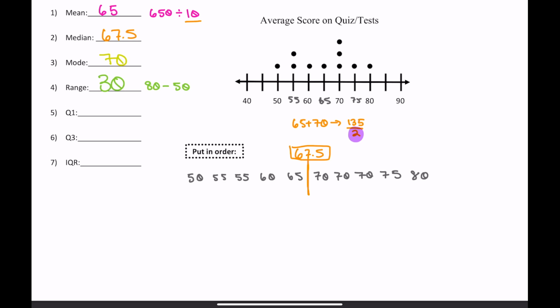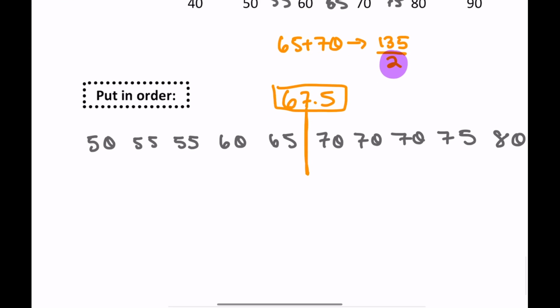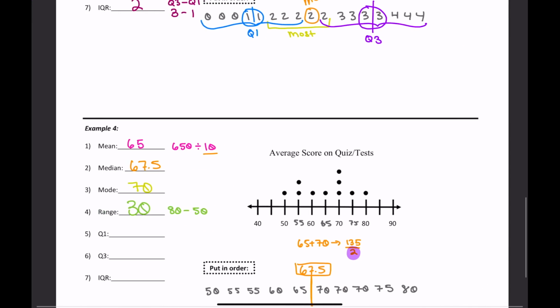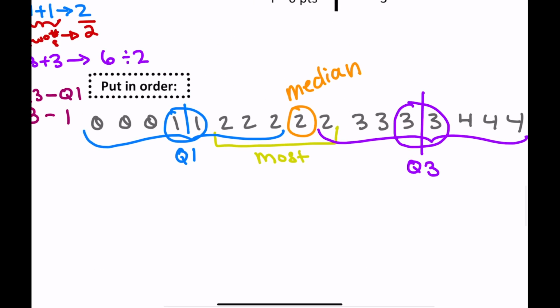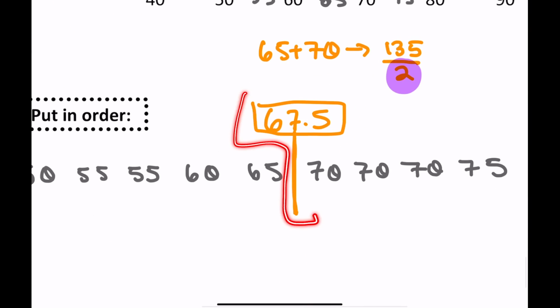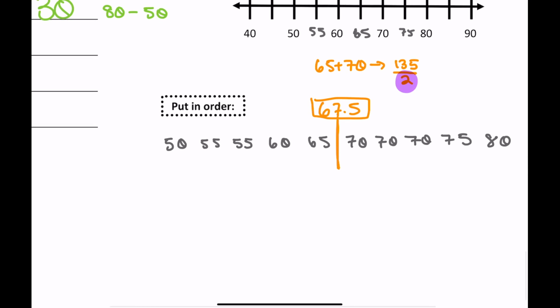Q1. All right. What I was emphasizing before: we figured out the median. We were not given it like we were in the prior example. See how our median was a straight up number in our list there, versus this one where we had to figure it out on our own? So that means we didn't circle anything.